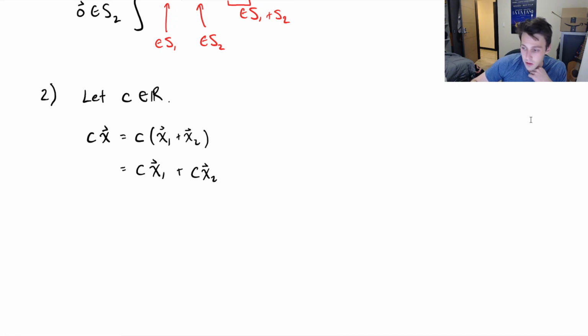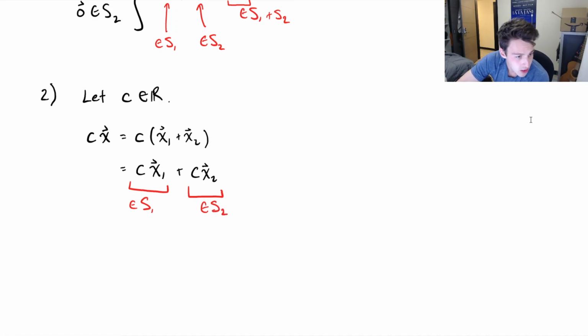Now, you can see a little bit more clearly here. S1 is closed under scalar multiplication, right? So this first term in this addition is something from S1. Our second term here, well, scalar multiplication is also closed for subspace 2, so this is something in S2.